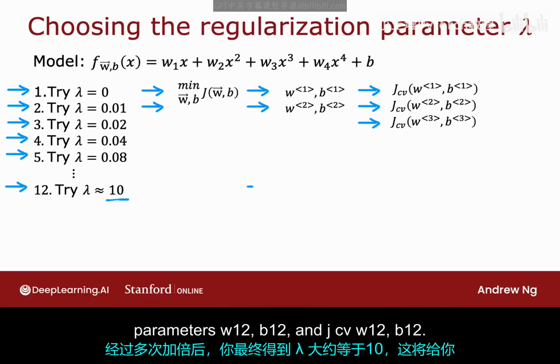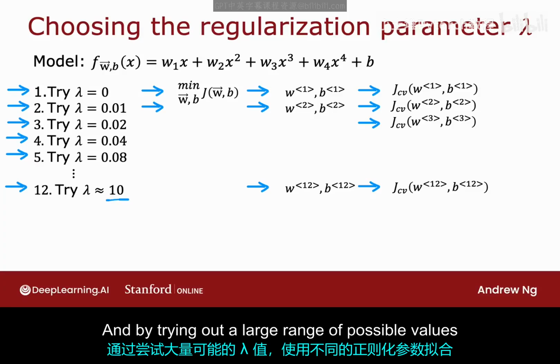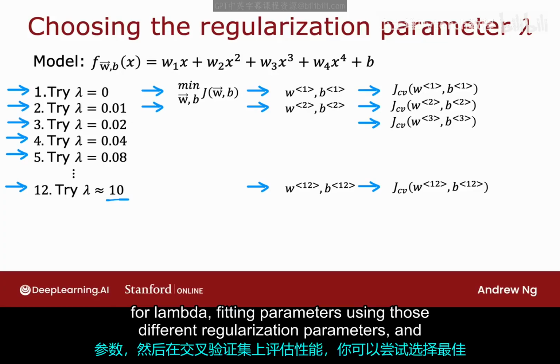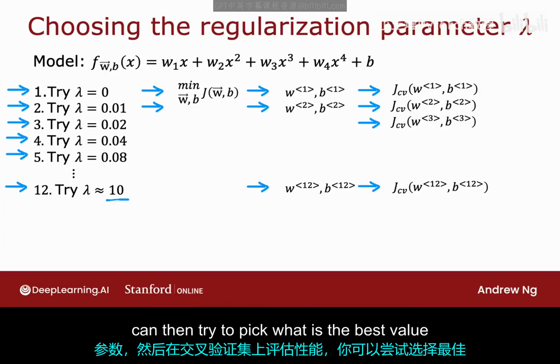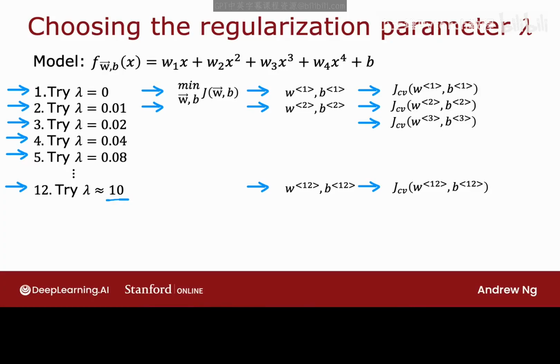And that will give you parameters W12, B12, and JCV of W12, B12. By trying out a large range of possible values for lambda, fitting parameters using those different regularization parameters, and then evaluating the performance on the cross-validation set, you can then try to pick what is the best value for the regularization parameter.